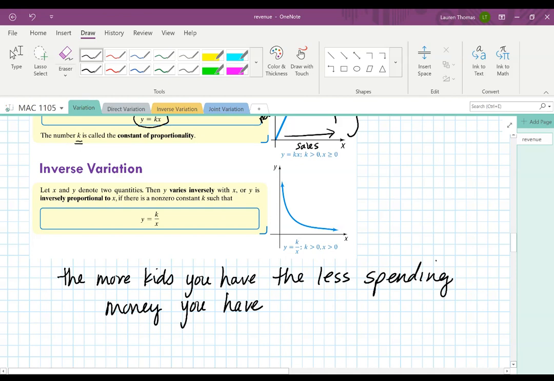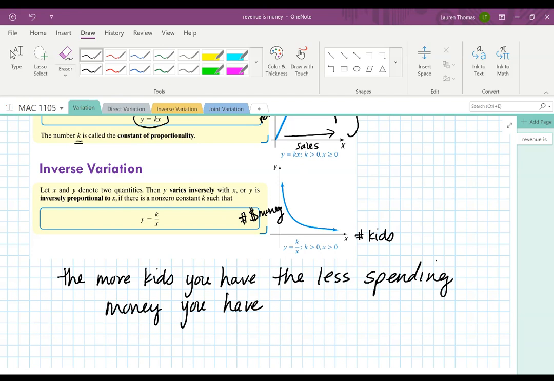For example, the number of kids we have would be on our x-axis, and the amount of spending money would be on our y-axis. As we increase the number of kids we have, the amount of spending money we have is decreasing. So when you have inverse variation, your two variables in question are moving in opposite directions.